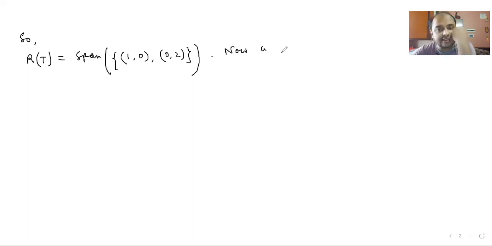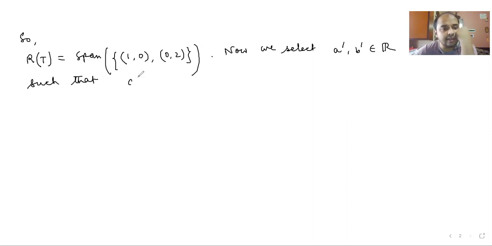Now we select a', b' from R such that a'(1,0) + b'(0,2) = (0,0).